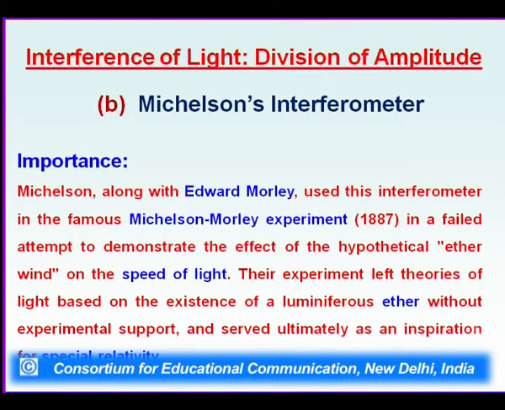The next experiment is division of amplitude, which is the Michelson interferometer. What is the importance of this experiment? This experiment was done in 1887 by Michelson and Edward Morley in the famous Michelson-Morley experiment, a failed attempt to demonstrate the effect of a hypothetical ether wind on the speed of light.